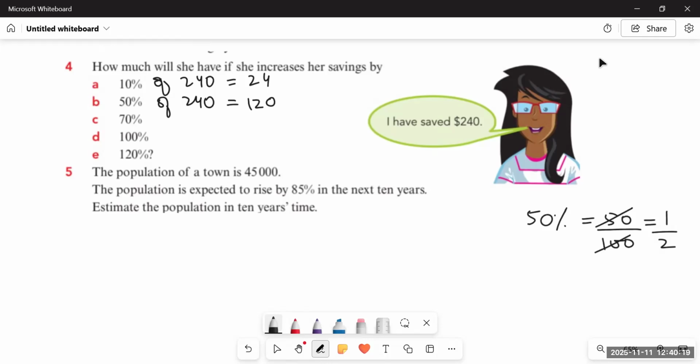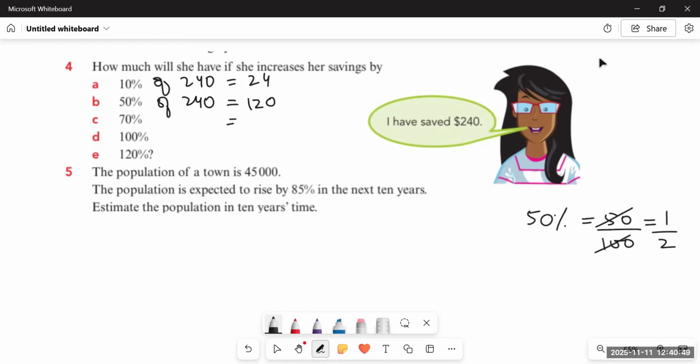Now, if we have to calculate 70%, what we will do is first find 20% by multiplying 24 by 2, because if 10% of 240 is 24, 20% would be its double, that is 48. And then to find out 70%, we will add 20% and 50%. So 20% is 48, 50% is 120, and together it would be 120 plus 48, which is 168.